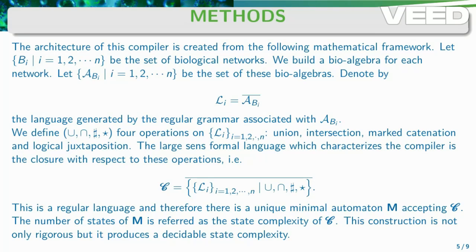After that, we have the theorem saying that we can build a unique minimal automaton accepting this compiler. And more than that, this construction is very rigorous because it produces a decidable state complexity.